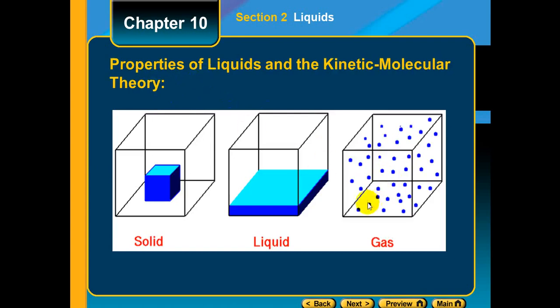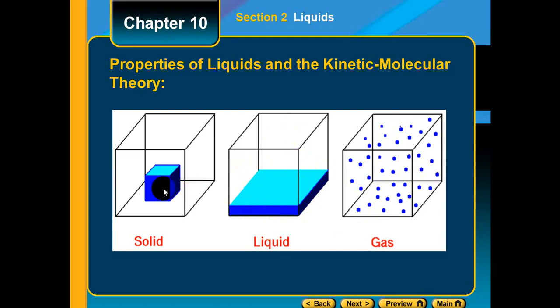The properties of liquids according to the kinetic-molecular theory. As we mentioned before, the particles of gases are far away from each other, so the gas particles fill the container. In liquids, the particles are closer to each other, so the liquid just takes the shape of the container without filling the whole container.